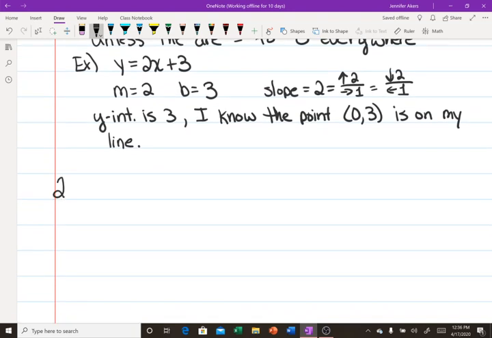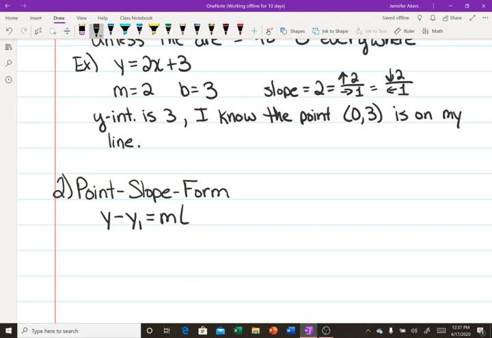Second form of a linear equation is called point-slope form. Point-slope form looks like y minus y1 equals m times the quantity x minus x1, where m is the slope, just like in slope-intercept form.